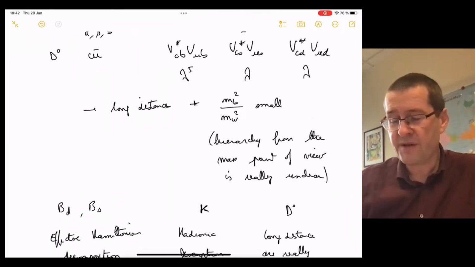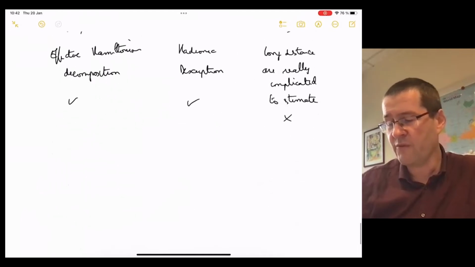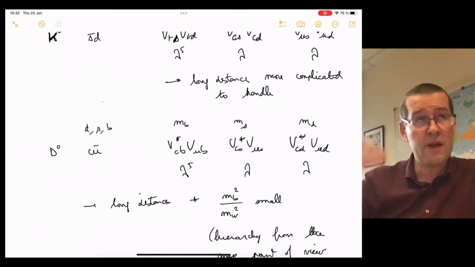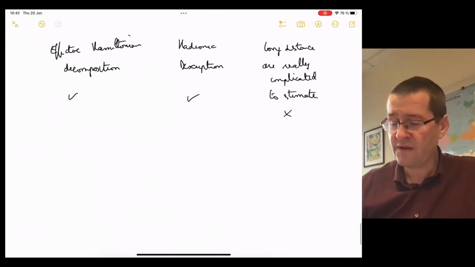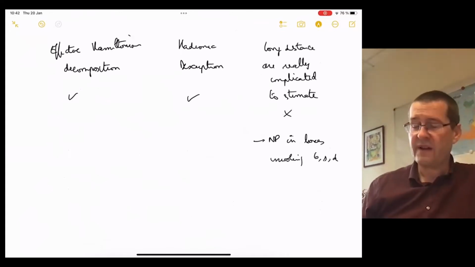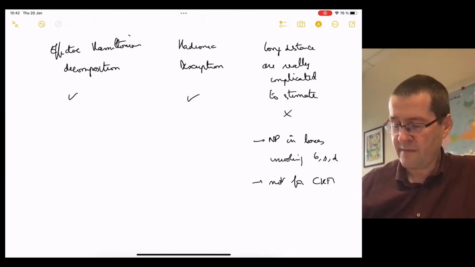So you can hope to see large effects from new physics in some models, because it's a way of probing boxes involving down-type quarks, whereas the rest is involving up-type quarks. So it's more interesting for new physics in boxes involving b, s, d, rather than for CKM determination.